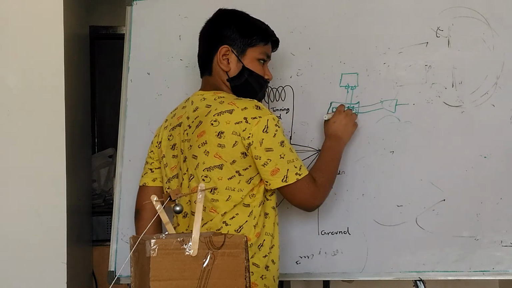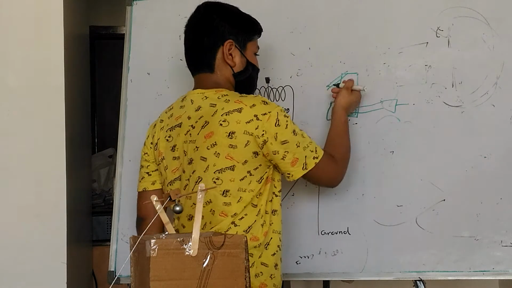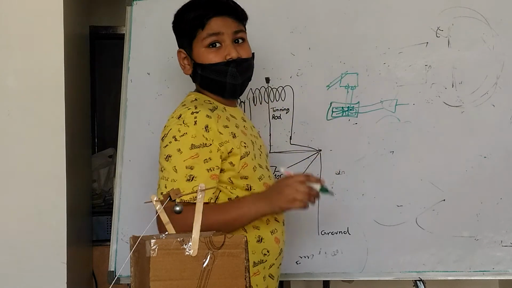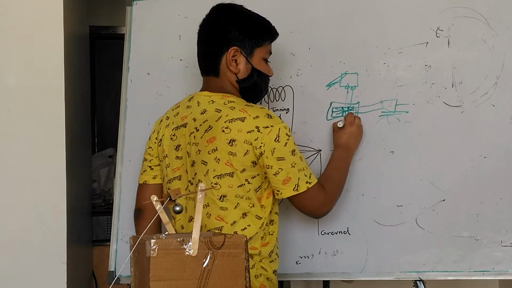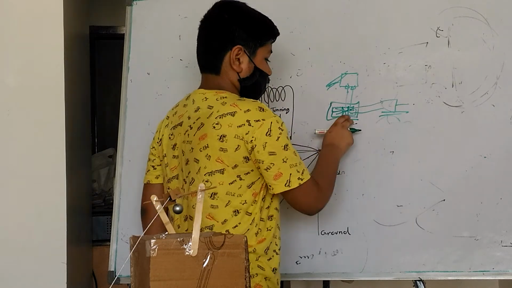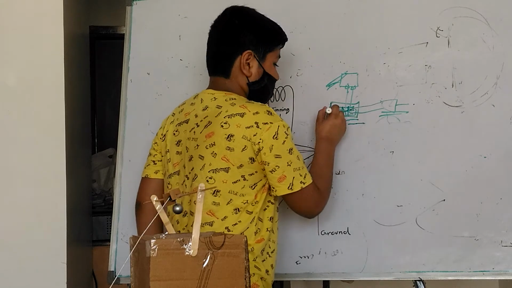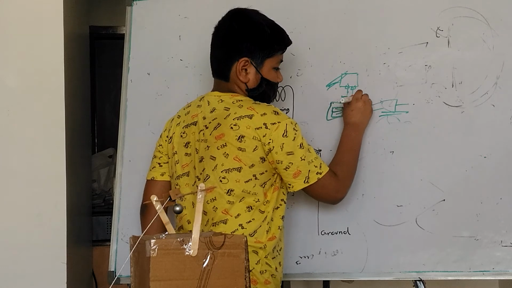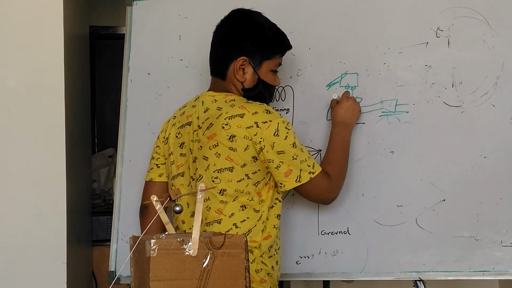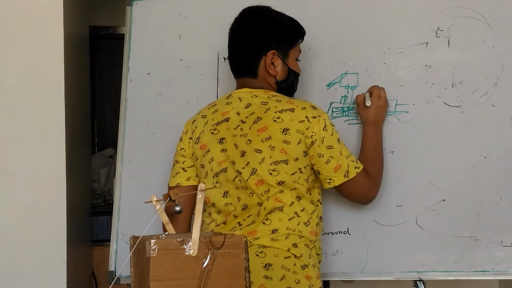This is the electricity, the power source. This is the user, and this is the switch, the electric current decider. If I press this one, it will go down, and if I press this one, it will go up.